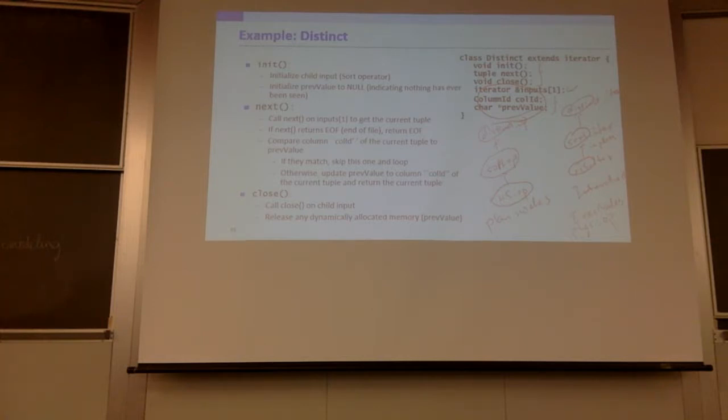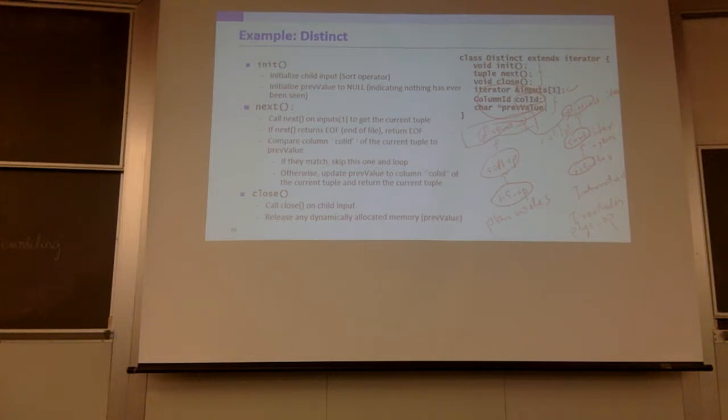Instead, this piece of information comes from your query. If you are doing distinct on top of name, then this is the column ID of the name. It comes from the operator itself. In the operator, you record what column ID you're doing deduplication over, and then you copy that column ID to the distinct iterator so that it knows what column you want to do the deduplication on.